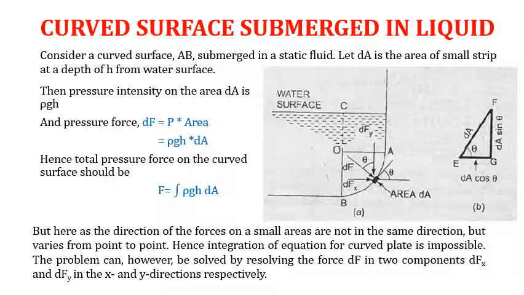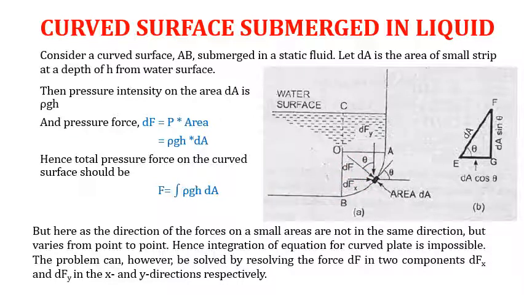For a curved surface submerged in liquid, consider a curved surface AB which is submerged in static fluid, and we consider the strip dA, and the force acting on this strip is dF, which is normal to it, and we will have to resolve this force into two components, its horizontal component and the vertical component. As you can see, the curved surface is continuously changing its direction. We know the pressure force is perpendicular to the area, so that force is also changing its direction.